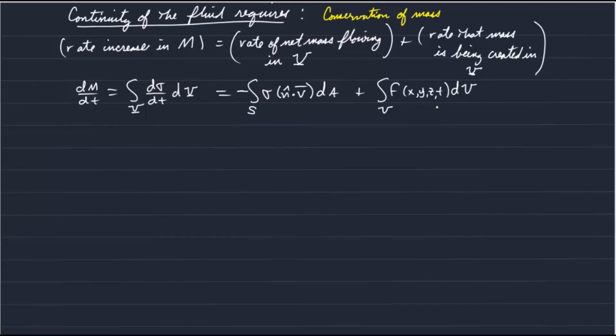So this is an equation that we have to solve. This is one equation that has to be met when we model or simulate fluid flow with mathematical equations. So this is a required law for fluid flow.